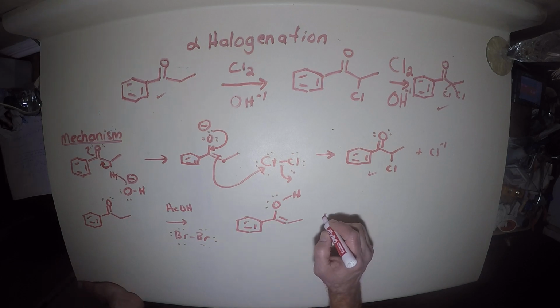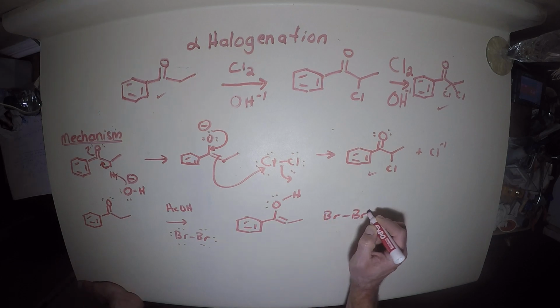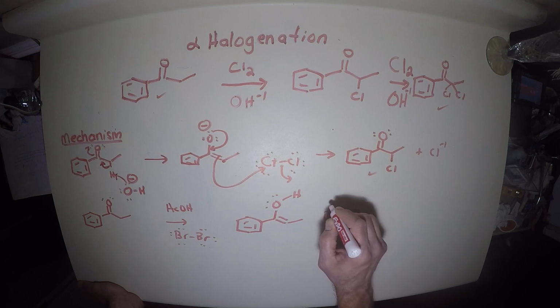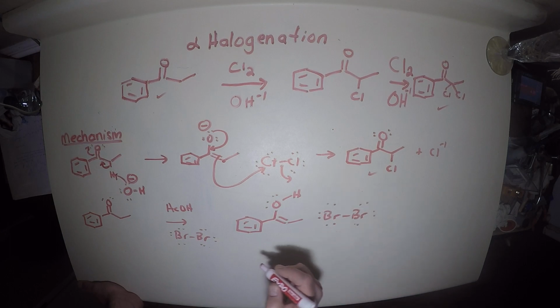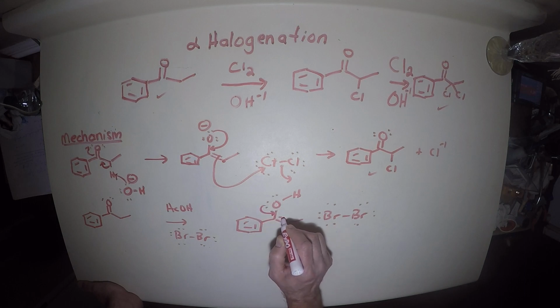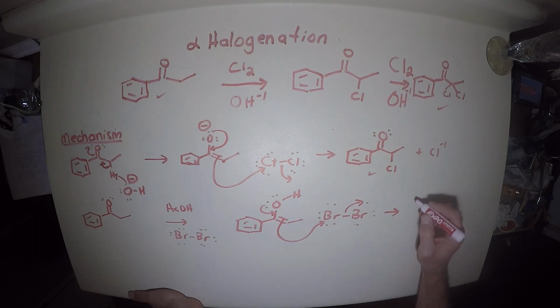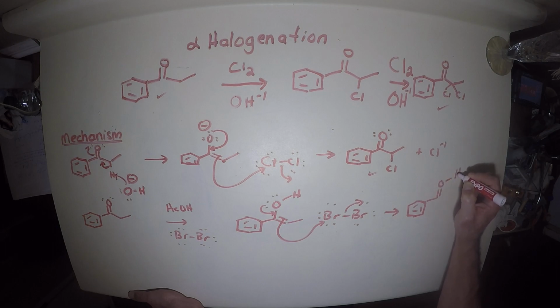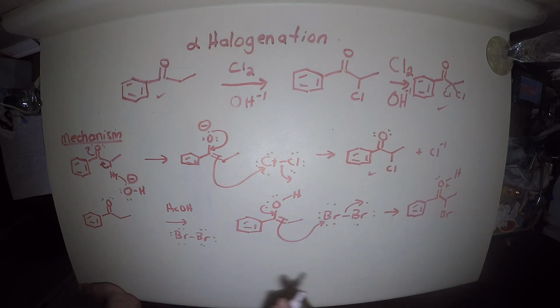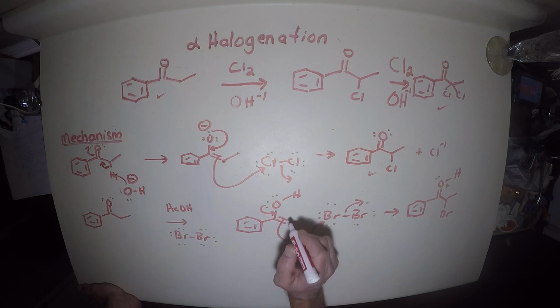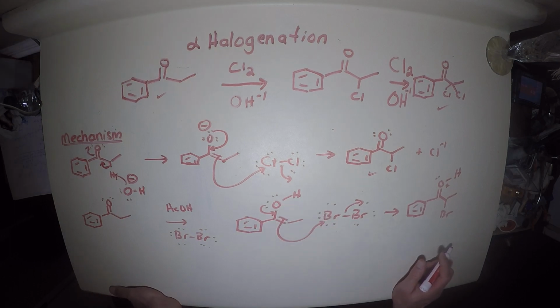And the enol is going to attack the halogen, in this case bromine. And then in our last step, we're simply going to lose a proton.